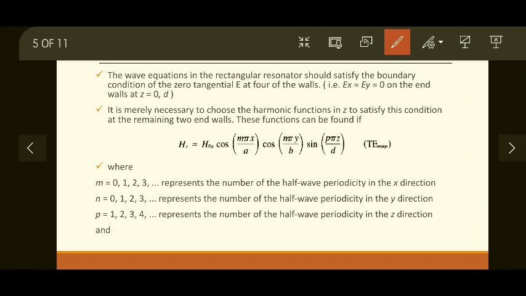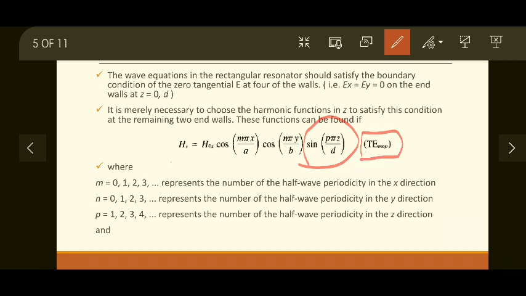These functions can be found out by Hz is equal to H0z cos of m pi x by a, m pi y by b, and p pi z by d. Again observe the third term, which is a sine term, sine of p pi z by d. This is added compared to waveguide, that is for TE mode.